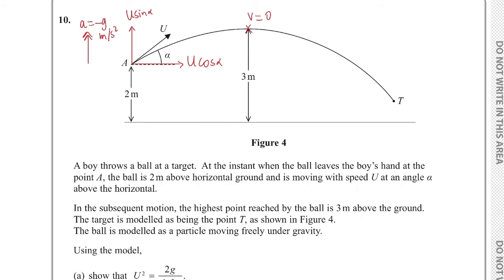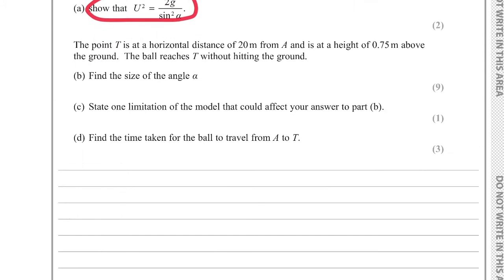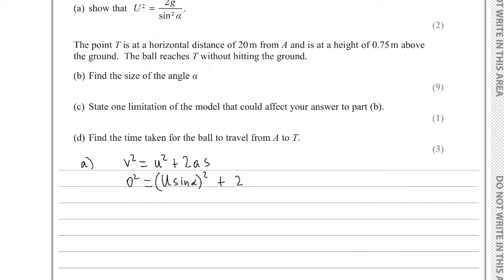So in order to show that u squared is 2g over sine squared alpha, what we can do is consider vertical motion with the equation v squared is u squared plus 2as. So 0 squared will be u sine alpha squared plus 2 times minus g times 1.